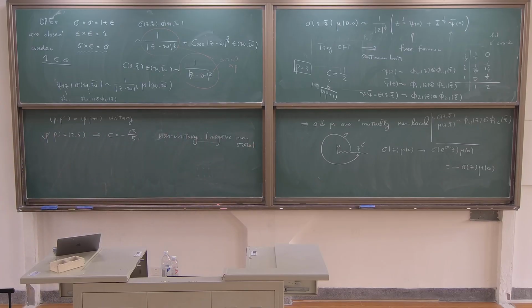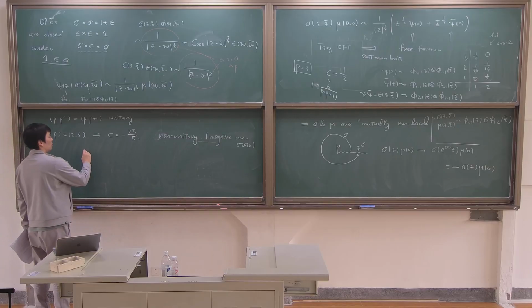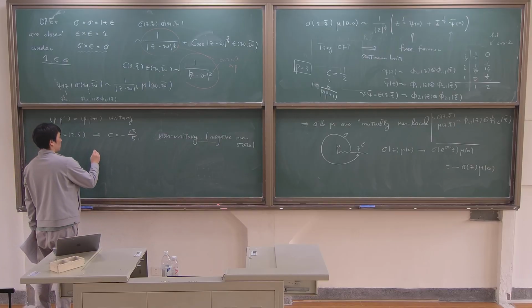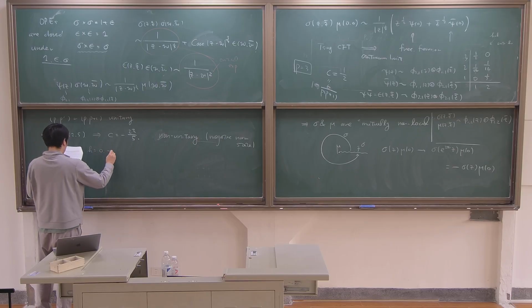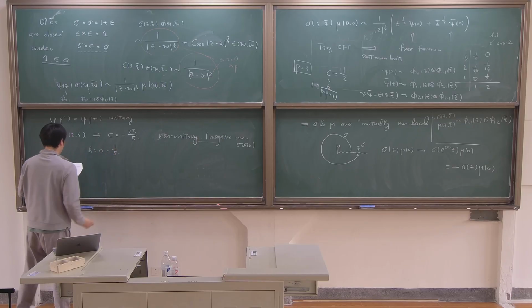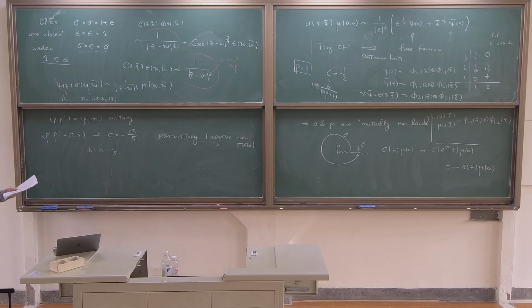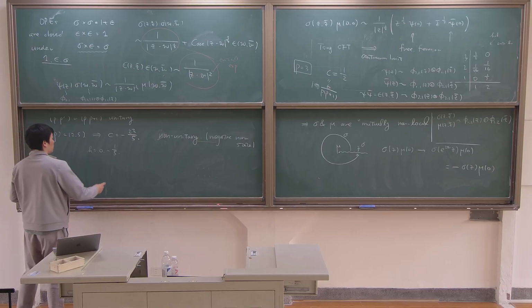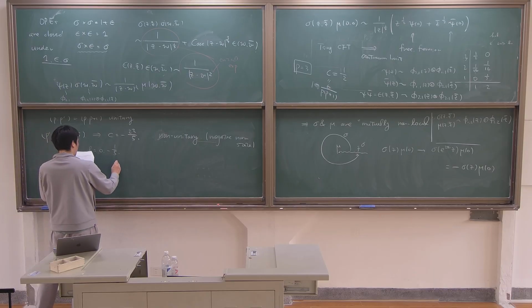Okay. And in particular, this has conformal weights. So the h is 0 and minus 1/5.